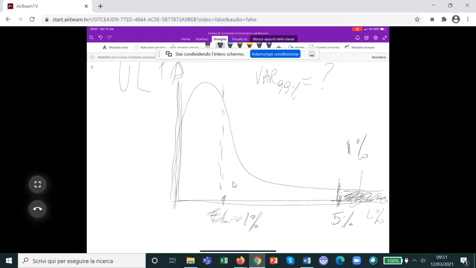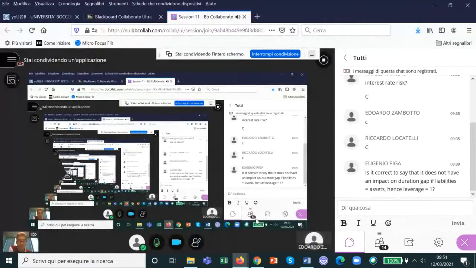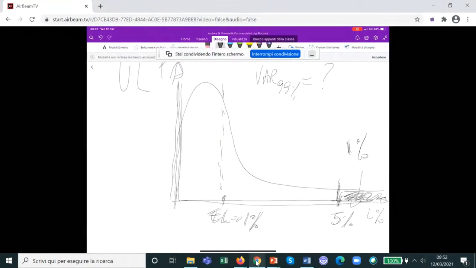Come on, it's very easy. At least one of you. Well, basically, it would be the difference between this amount, how much worse it can go, and the expected loss. This 4% would be value at risk, okay?